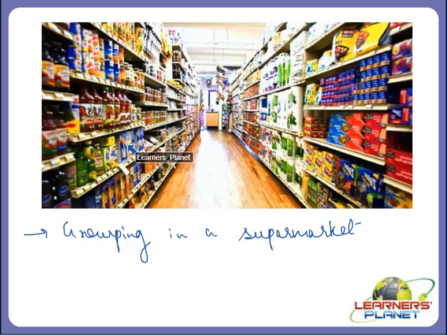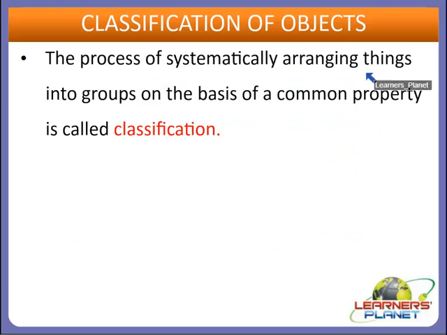This grouping makes it easier for us to find things when we need them. The supermarket, library, wardrobe, all such things are the best examples of grouping, right? So we discussed the importance of grouping objects or things. Now let us move on to another topic which is very important.